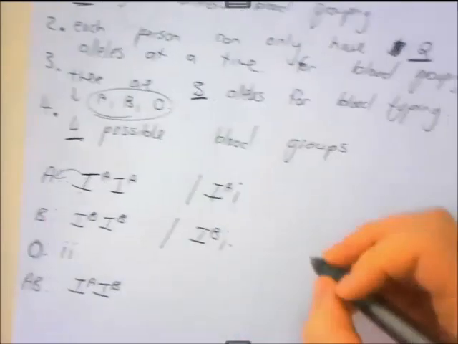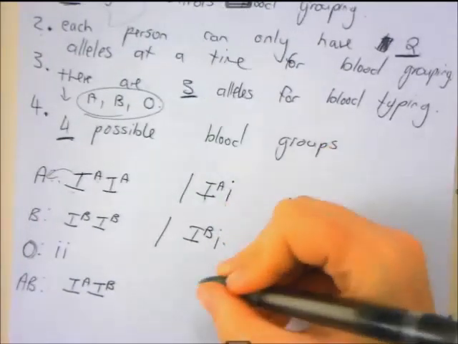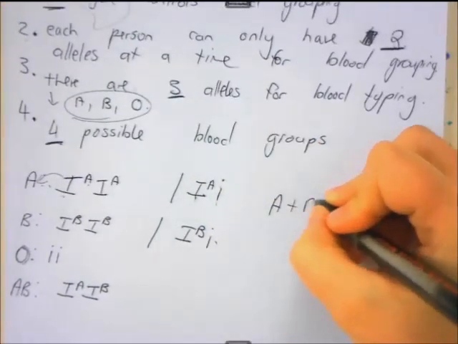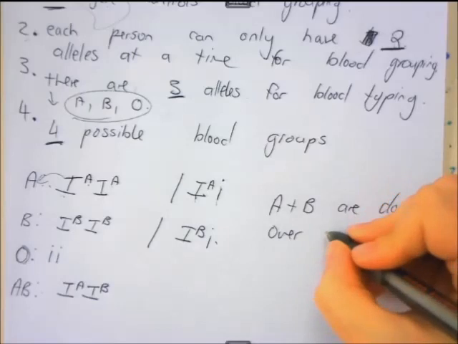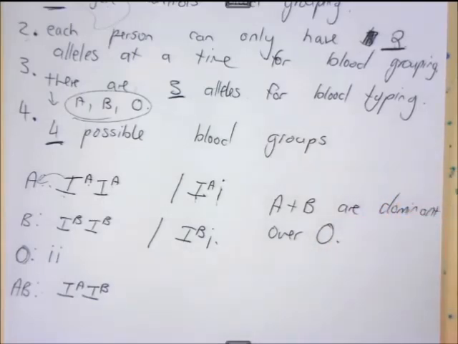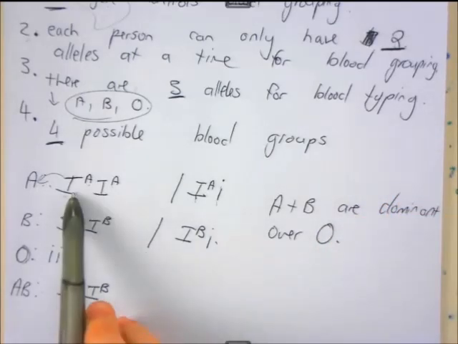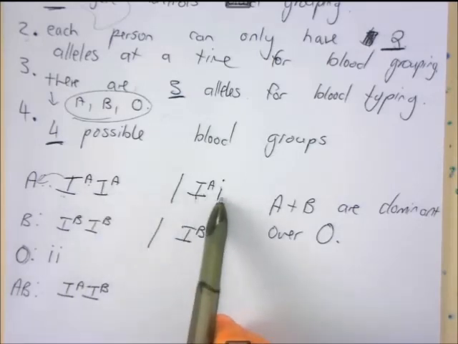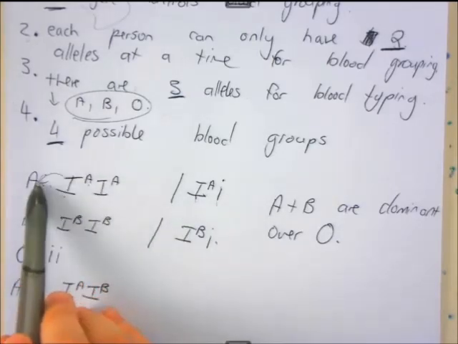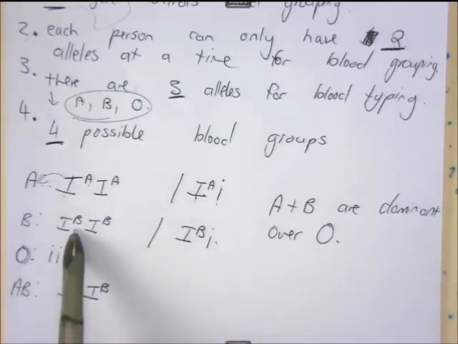Okay, and what this tells us, if we look at it this way, is that A and B are dominant over the allele that codes for O, okay, and we can see that here you have 2 dominant genes together. Here you have a dominant and a single gene, but they code for the same phenotype. Blood group B works in the same way.